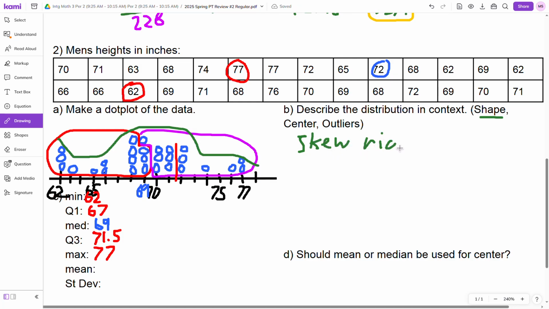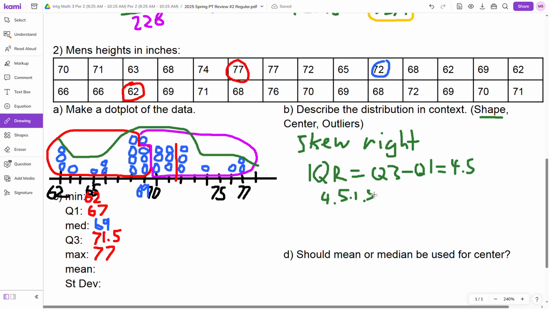And in order to find the outliers, we have to take the IQR, which is Q3 minus Q1, which in this case is 4.5. Multiply that by 1.5. So 4.5 times 1.5 is 6.75.